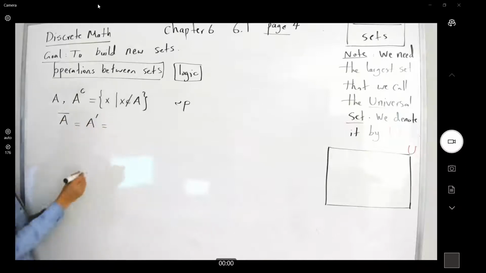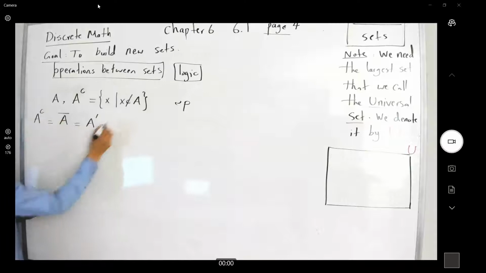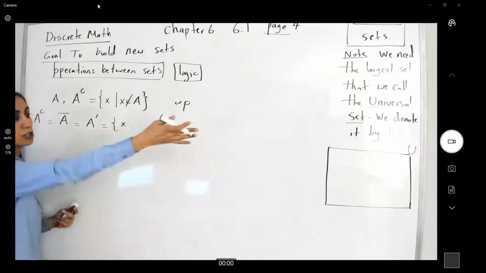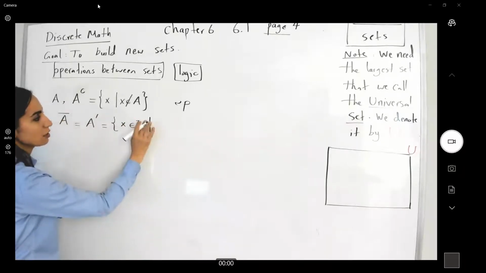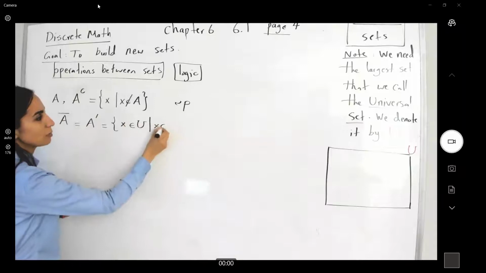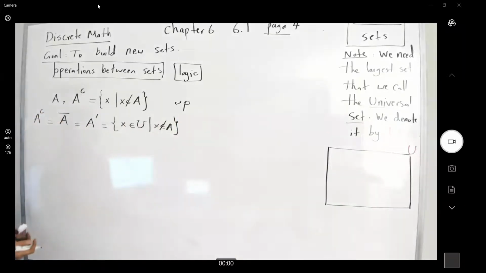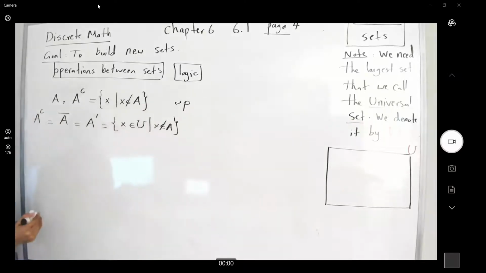Again, the meaning is just a complement, which is the set of all elements X that belong to the universal set such that that element is not in set A. This is the very first operation that we are using: complement, or equivalent to that, negation.